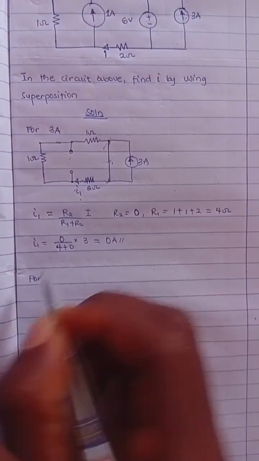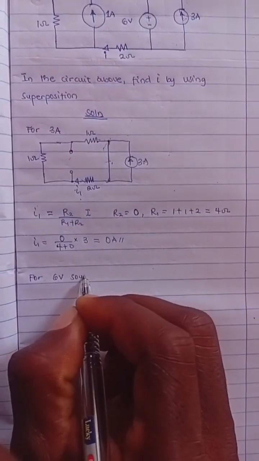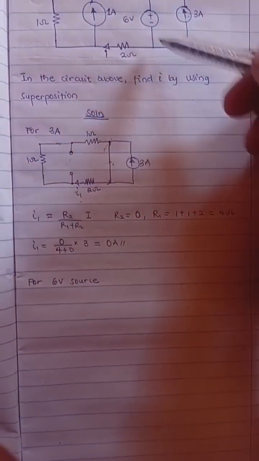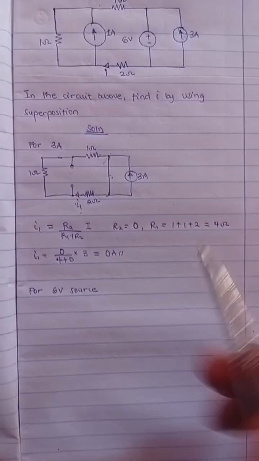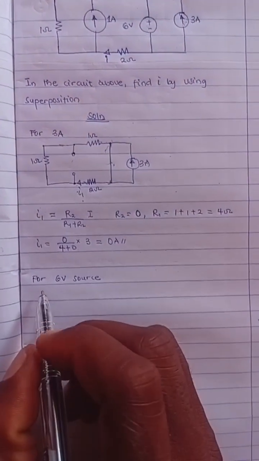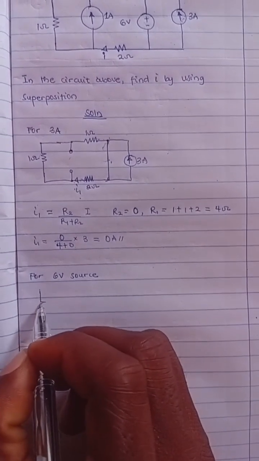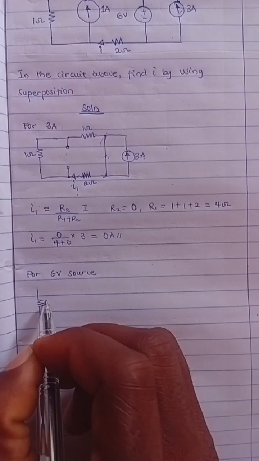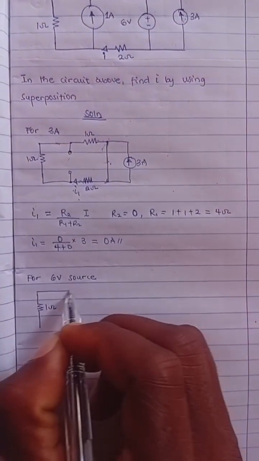Then the next source is the 6-volt source, right? For the 6-volt source, we concentrate on this 6 volts and then we zero out these other sources. Remember, for a current source, you open up the circuit. So for the 6-volt source, we still draw a circuit starting from the left. You have your 1 ohm resistor, that's this very resistor from the left. Then you take it to this place.